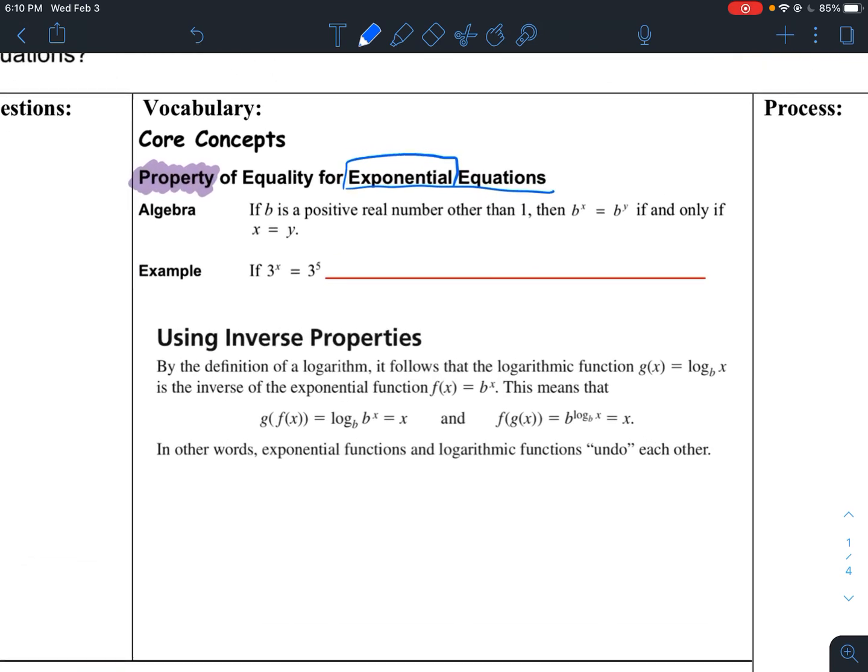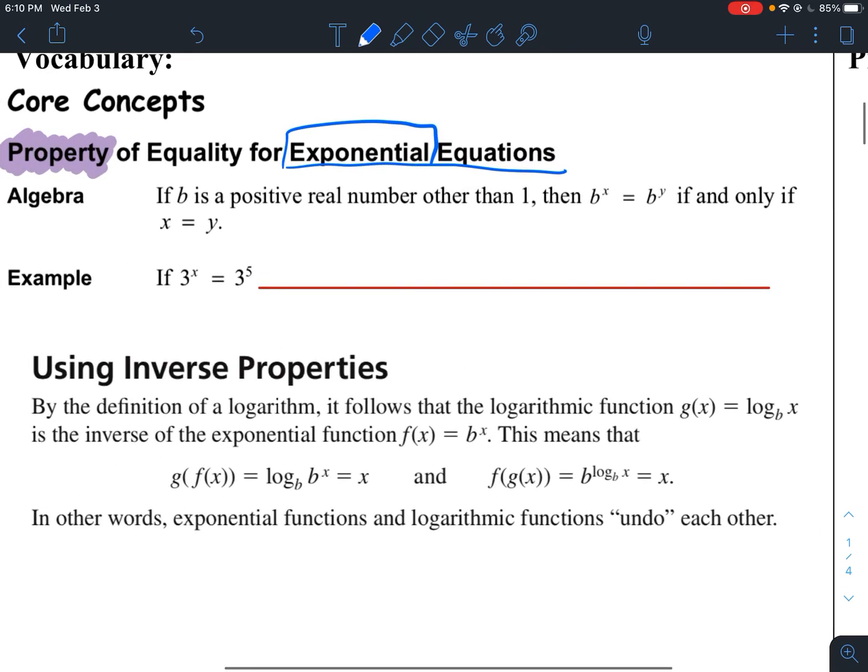So first, exponential equations. In algebra, the words read: if b is a positive real number other than 1, then b to the x is equal to b to the y if and only if x is equal to y.